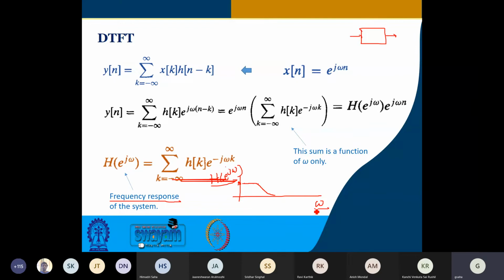That is why it is called frequency response. Because it is a function of omega, and omega is the frequency, depending on the frequency you get different kinds of responses. So this is the magnitude response, and there will be a corresponding phase response. We shall see both of them.